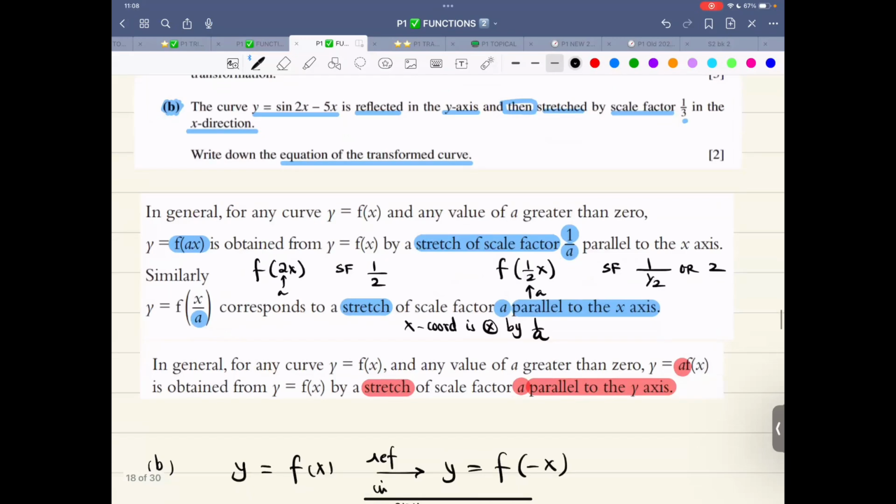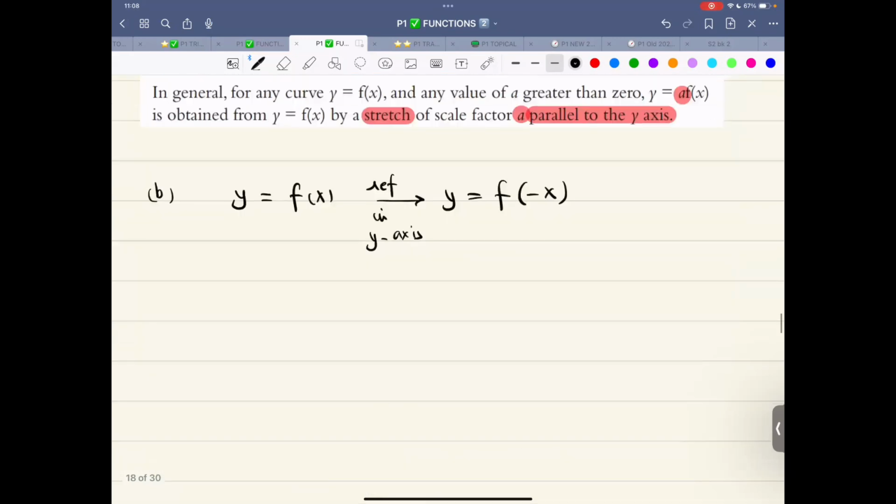So now if I reflect this line, y equals sine 2x minus 5x, or I can write f of x equals sine 2x minus 5x, wherever there is x, it needs to be replaced with negative x.